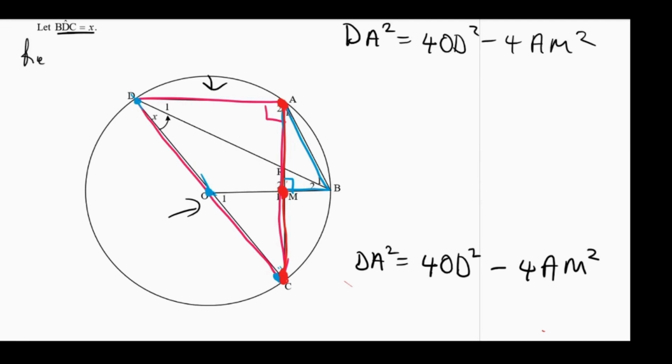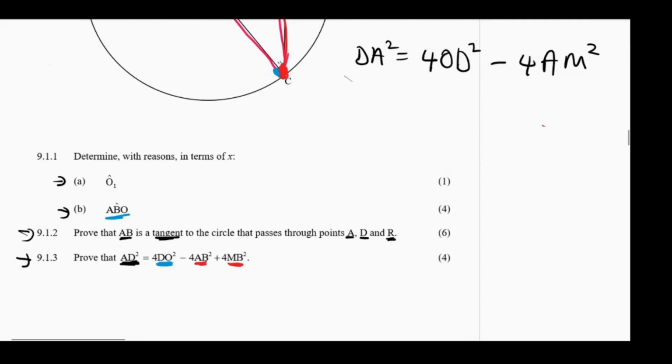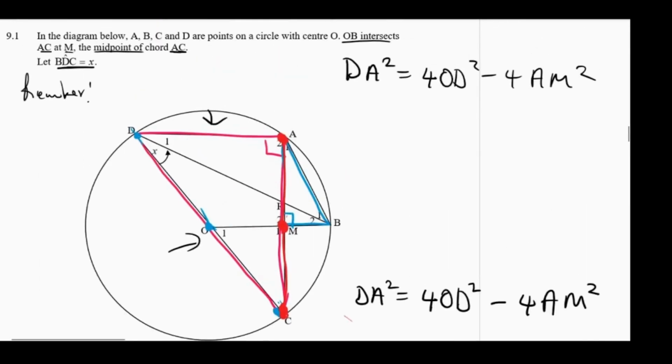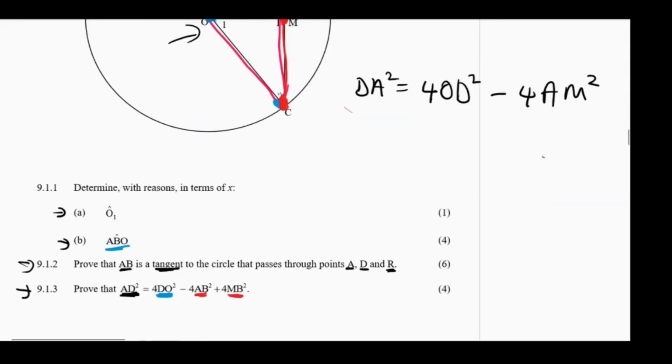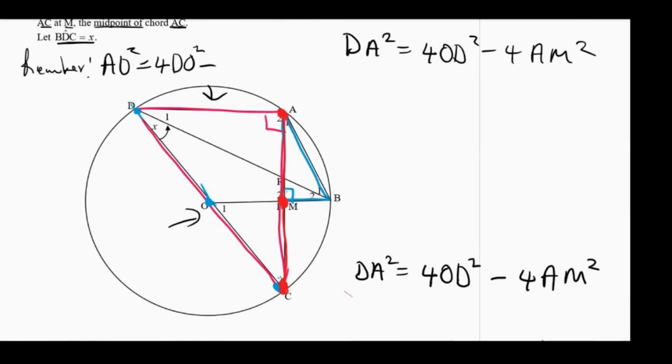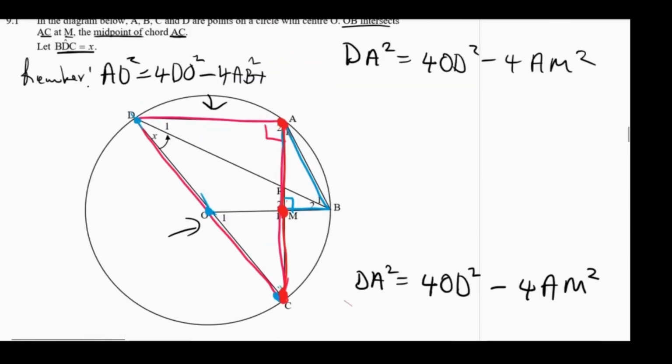Remember that we are asked to find AD squared is equal to 4DO squared minus 4AB squared plus 4MB squared.